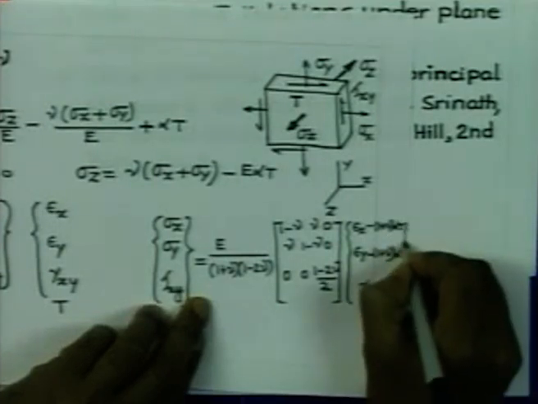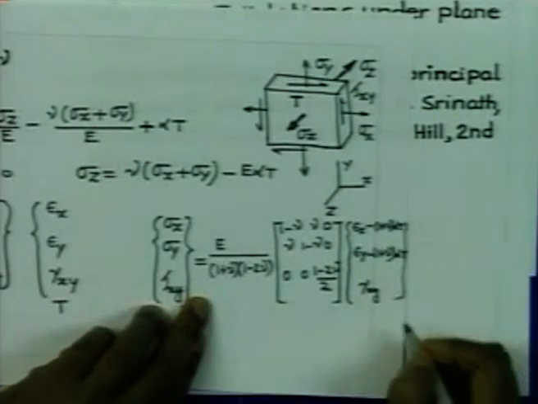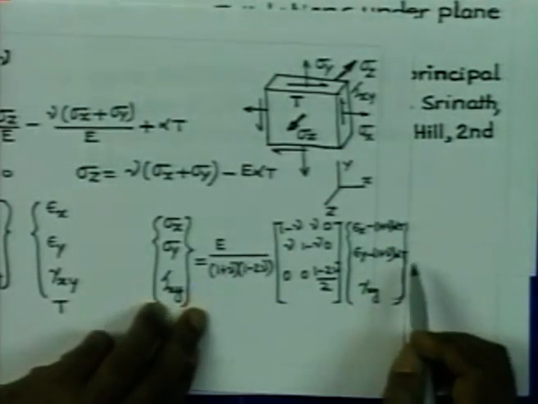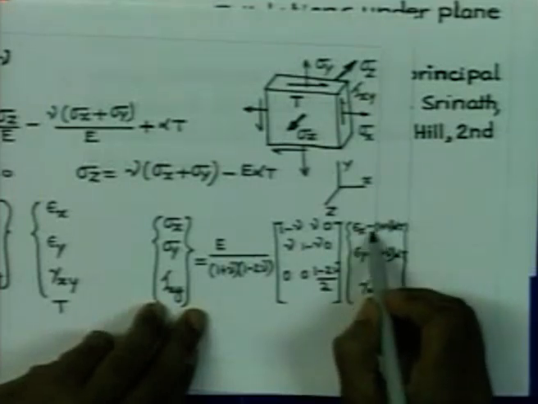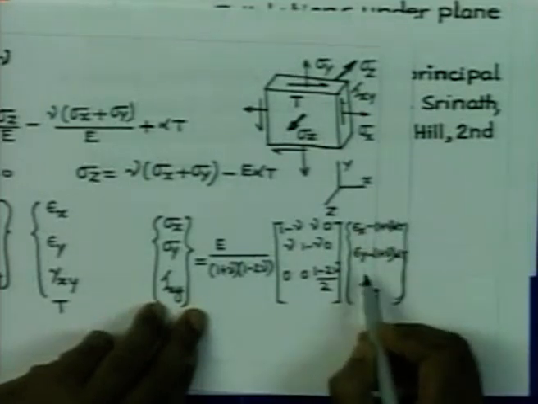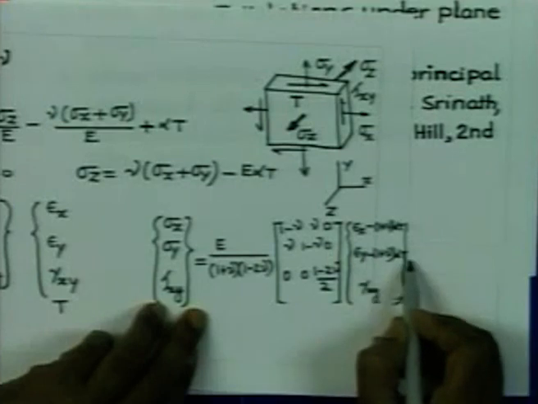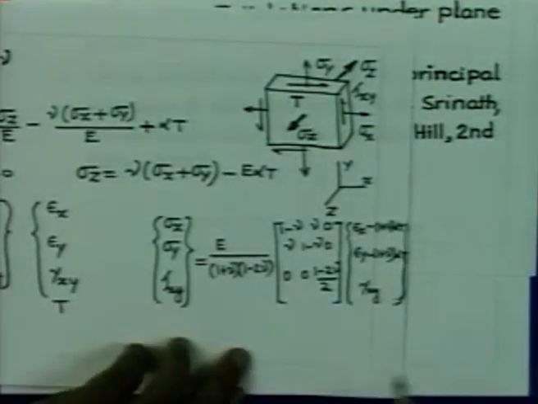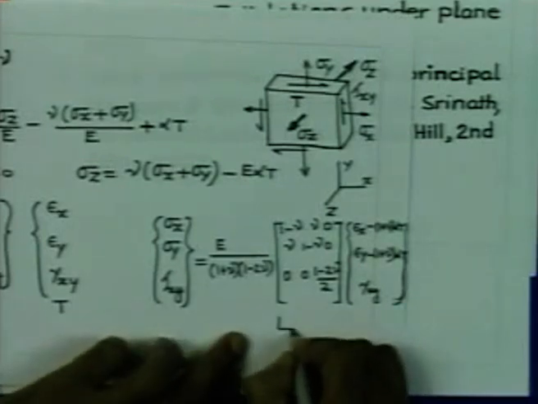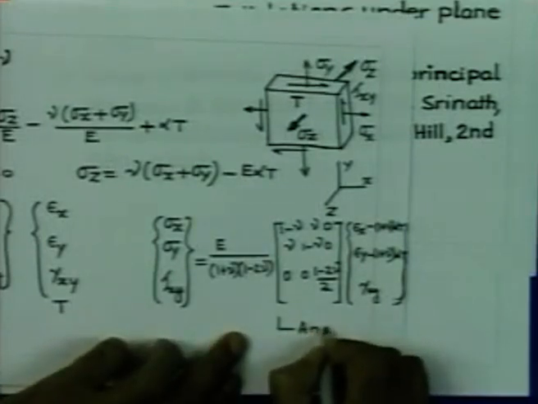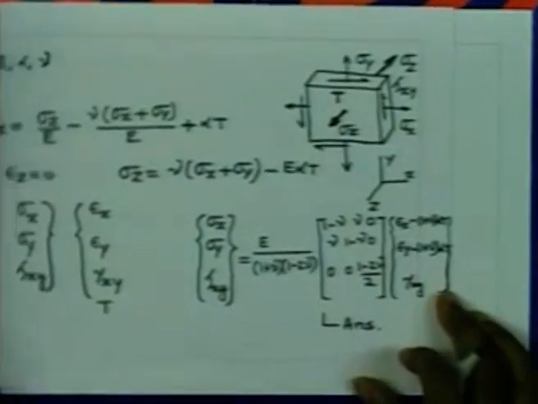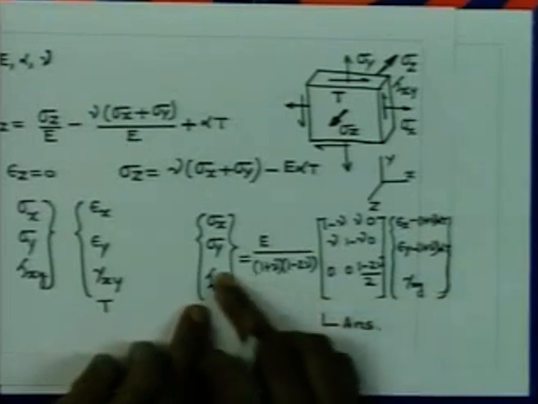I am sorry, please note carefully that it is epsilon x minus 1 plus nu into alpha t, epsilon y minus 1 plus nu into alpha t, gamma xy. So, this is the relationship. Your answer is going to be in this form. Finally, the plane strain relationship will look like this.